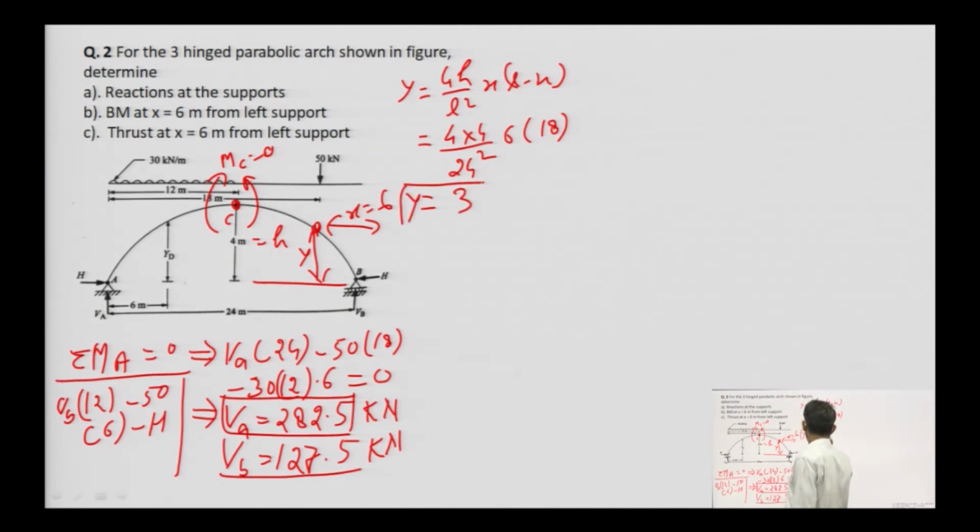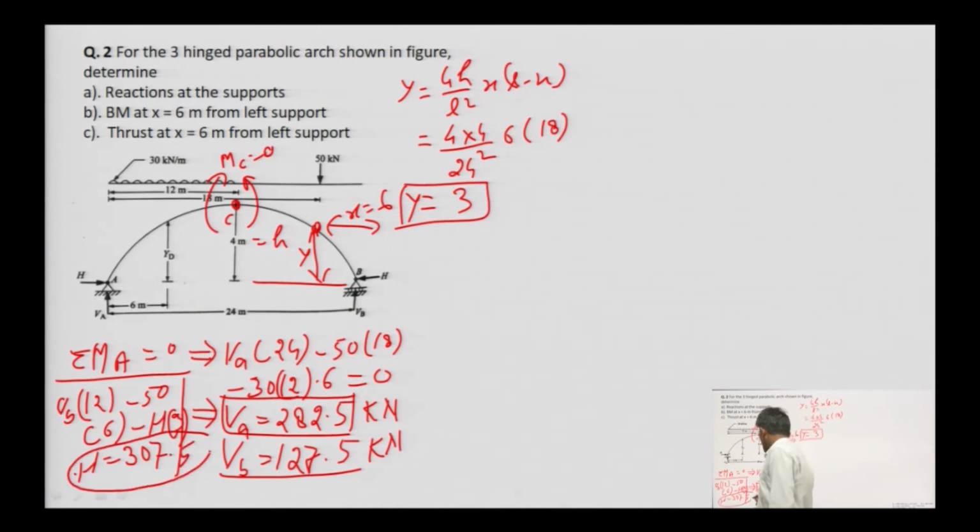So, the ordinate is 3. By putting the value of y as 3, we can calculate the value of H, and the H value is 307.5. We have calculated the support reactions; that part we have completed.